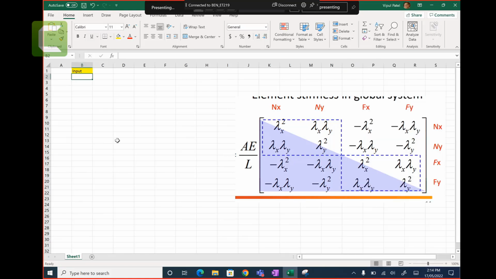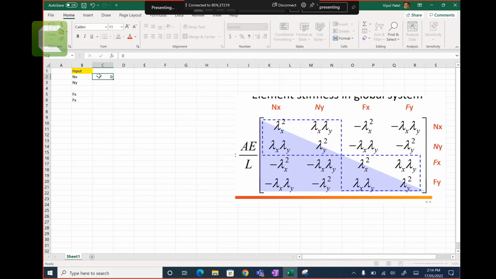Okay, so open Excel, input, and then we can first get this matrix K1. If you want K1, what input do we need? We need, as we did, near node X, near node Y, far node X and far node Y. You know how to get this one, right?